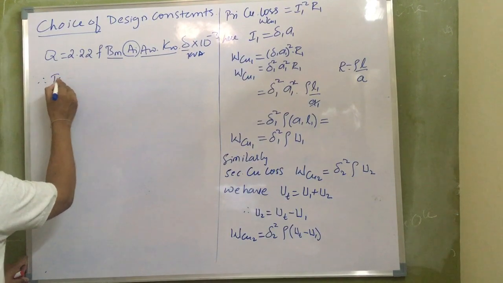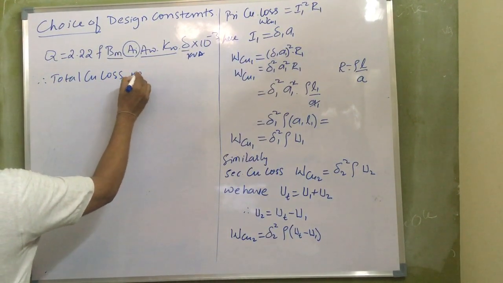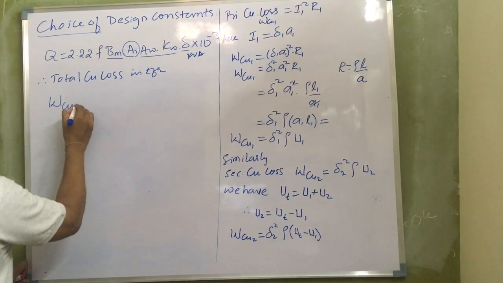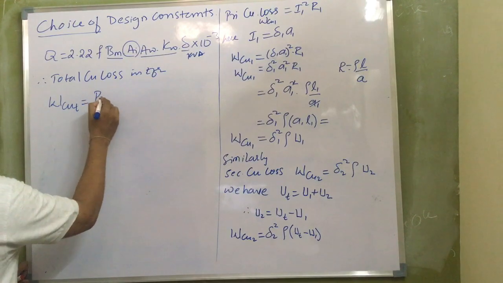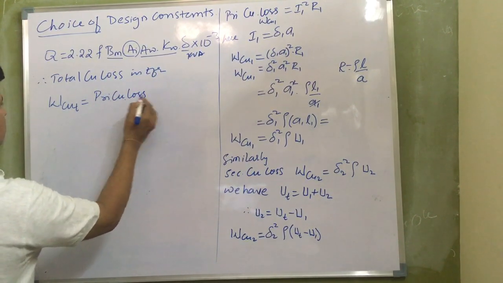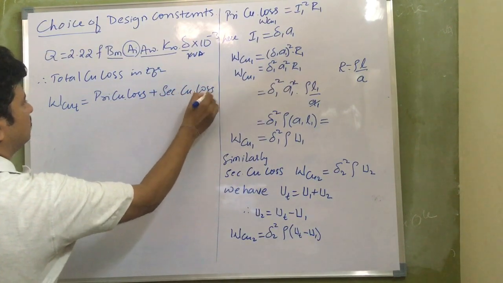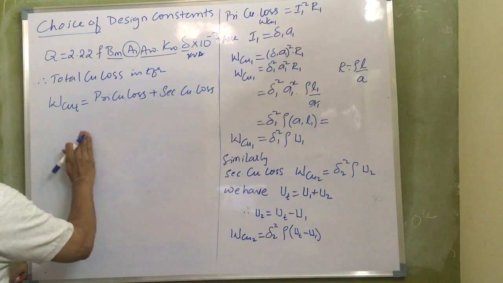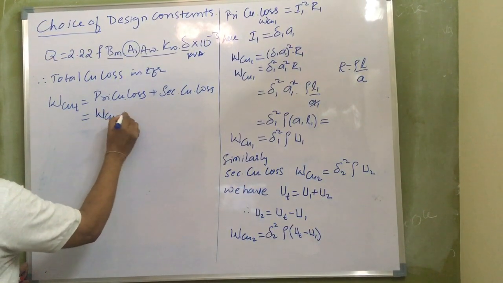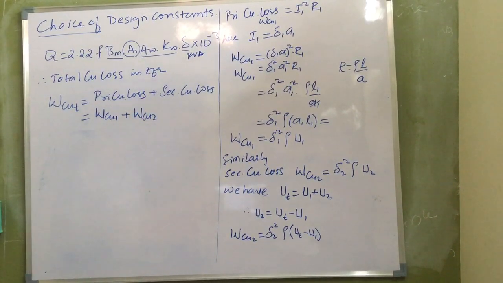Therefore, total copper loss in transformer, WCUT, is equal to primary copper loss plus secondary copper loss. I can write this as WCU1 plus WCU2.